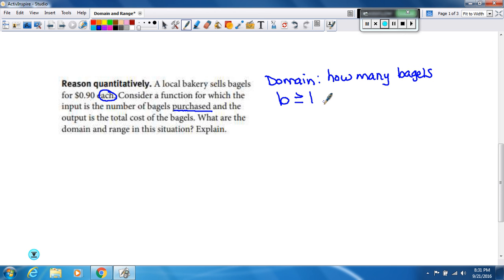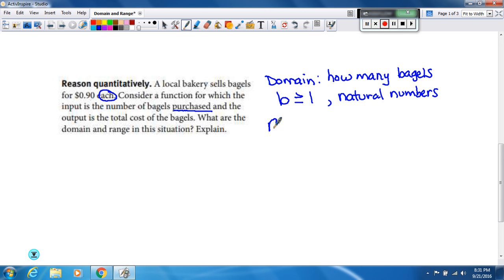Now, it doesn't say that there's a limit to how many you can buy. Okay? So greater than or equal to 1. You do need to make this stipulation that it's all natural numbers, because you're not going to buy a piece of a bagel, so it's got to be like 1, 2, 3.